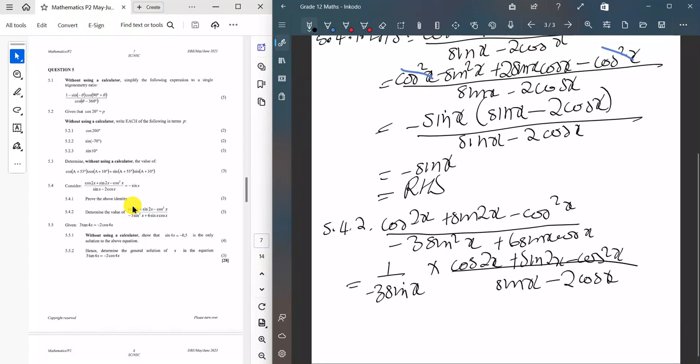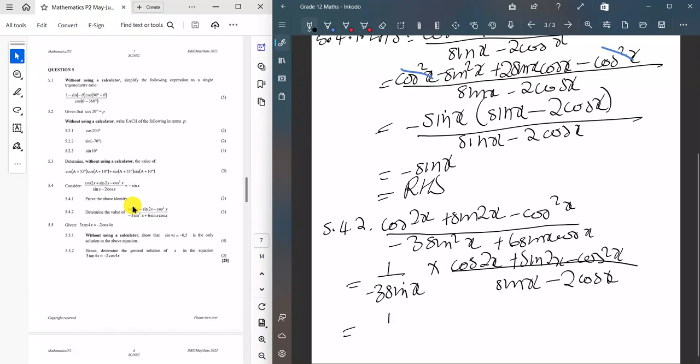I don't know if you guys now agree with me. You multiply this with this. Negative sine x times sine x will be negative 3 sine square x. And then negative sine x times negative 2 cos x will be positive 6 sine x cos x.